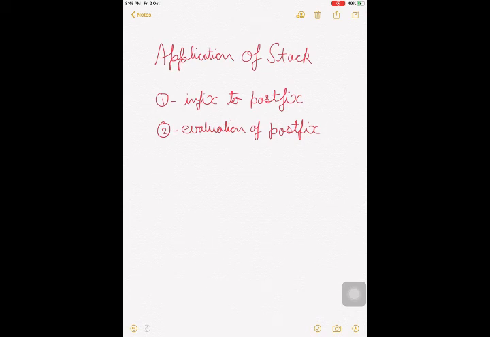Okay, so let's start with the first one, that is infix to postfix. Let's take a question where we are given an infix expression Q, that is (a - b) * (c / d) + e.